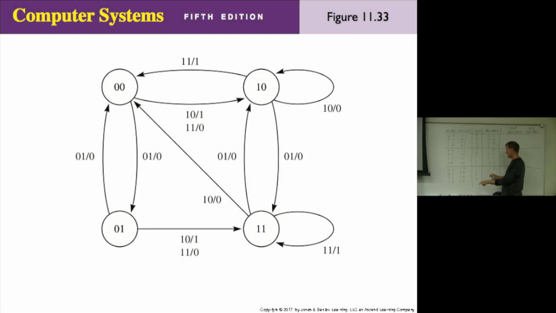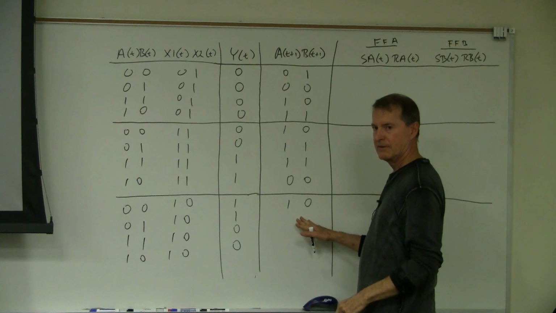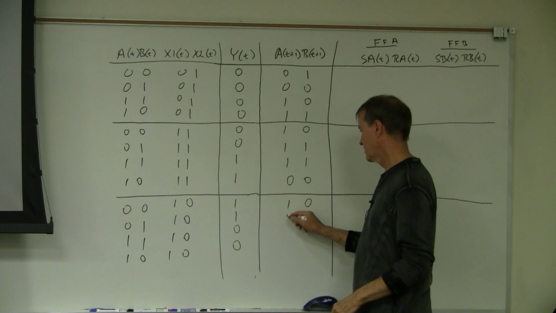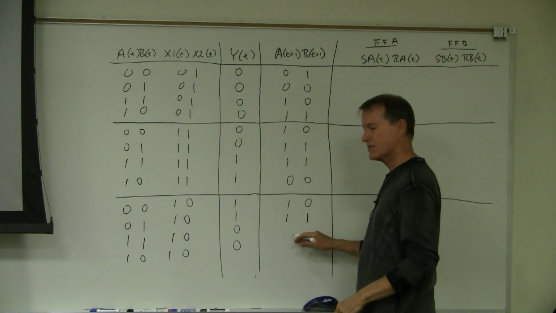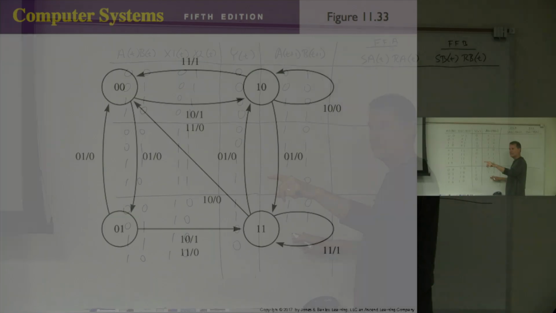If we're in state 0, 1 and our input is 1, 0, what's our next state? Sounds like no one's challenging.